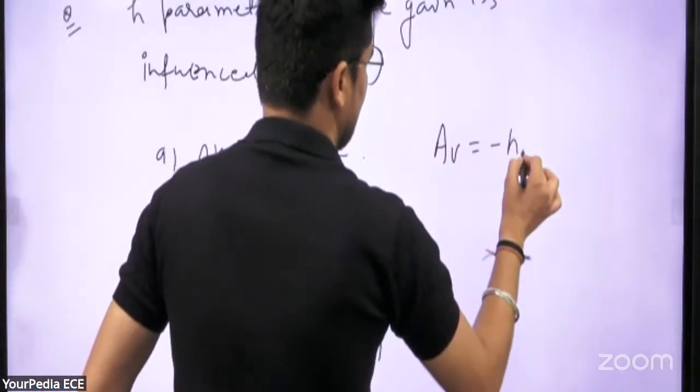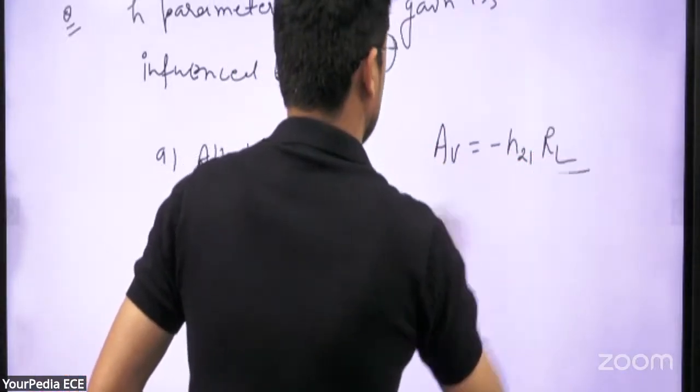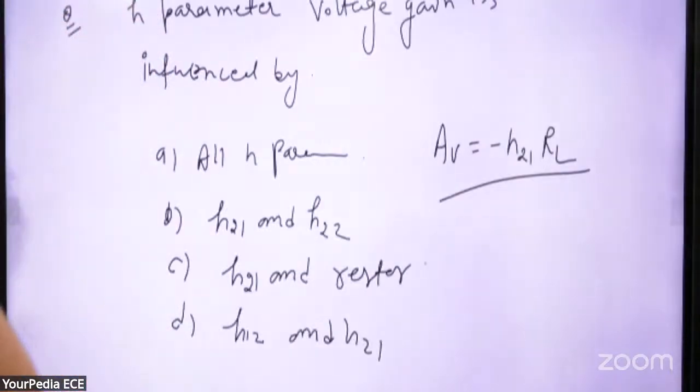See, basically when we are talking about the H parameter, the voltage gain is minus H21 times RL. We can draw an H parameter equivalent and try to find its voltage gain, that will be minus H21 RL. So it will depend on two things, only the parameter H21 and the resistor.